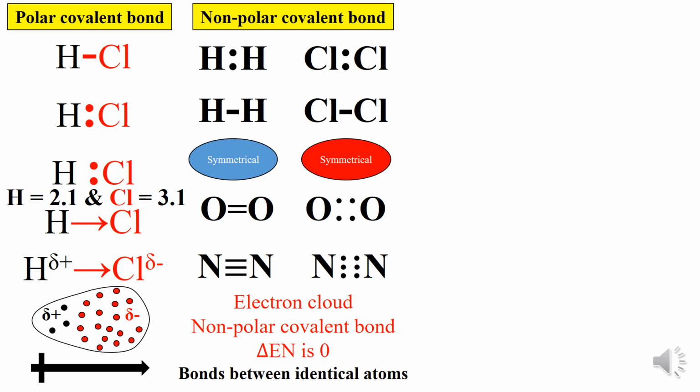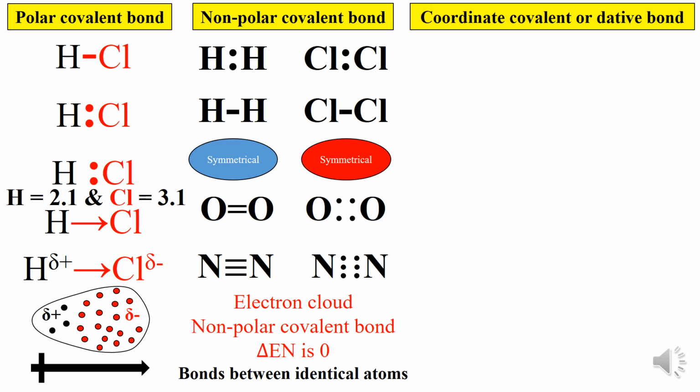So there will be no positive end and negative end, and there will be no dipole. And the electron cloud will be symmetrical in case of homoatomic molecules.